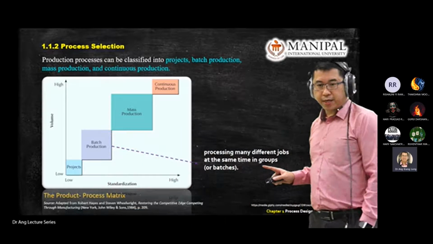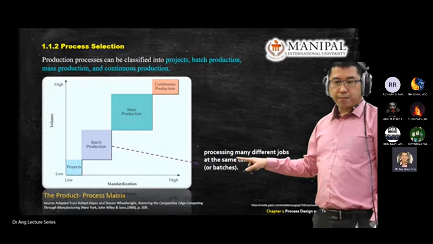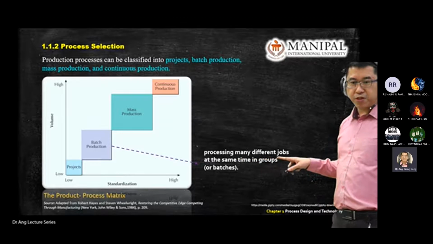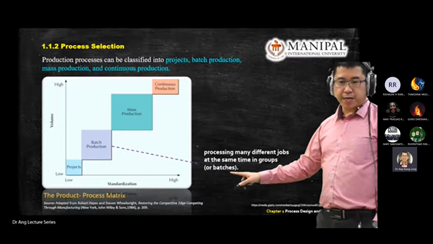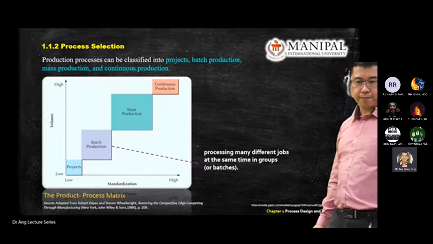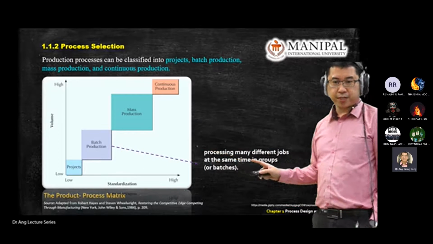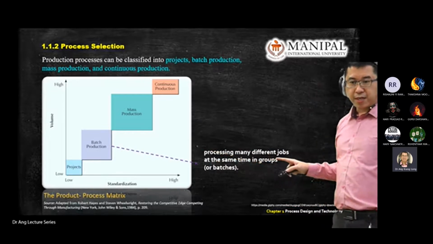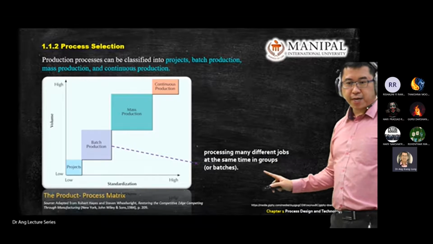The keyword here is that you will see many different jobs processed at the same time in batches or in groups. On the production floor you will see many different jobs at the same time.